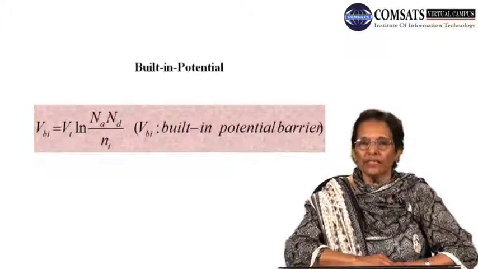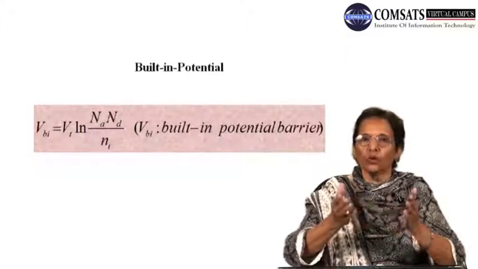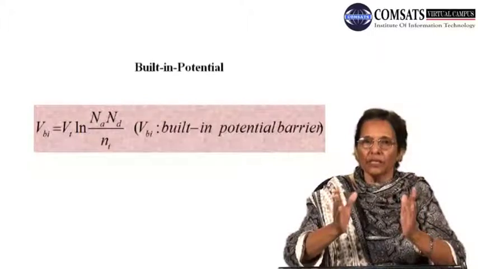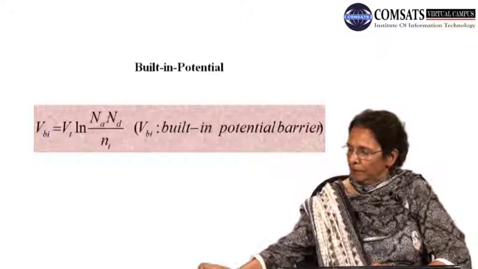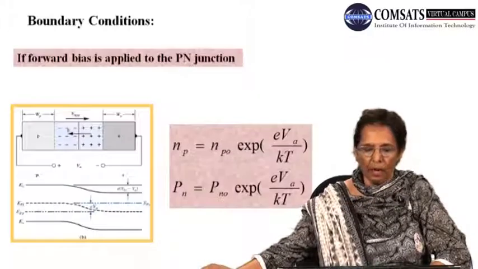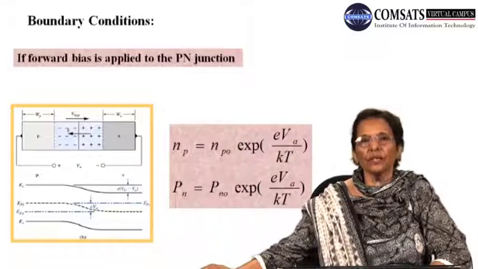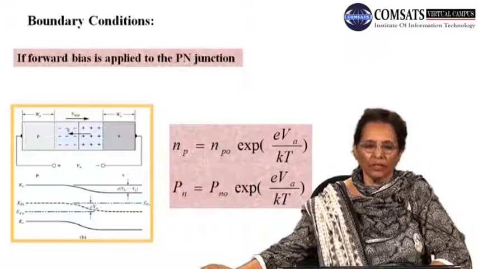And Vt is the thermal energy that the free charge carriers get, at the temperature at which the diode is held. Having defined this basic junction parameter, the built-in potential, we can move on to describing how the magnitude of the currents varies in a given semiconductor material under biased condition.